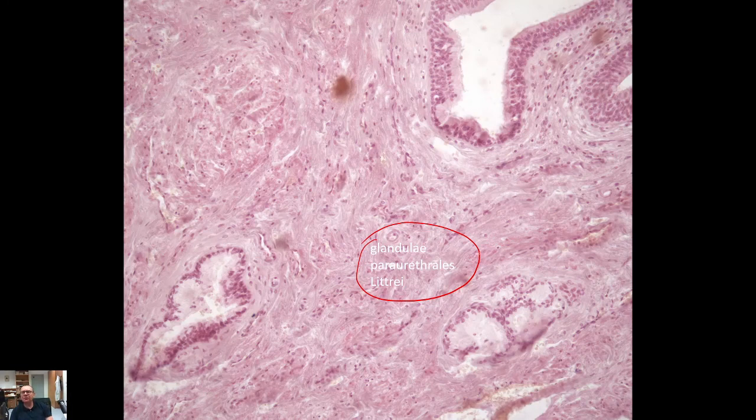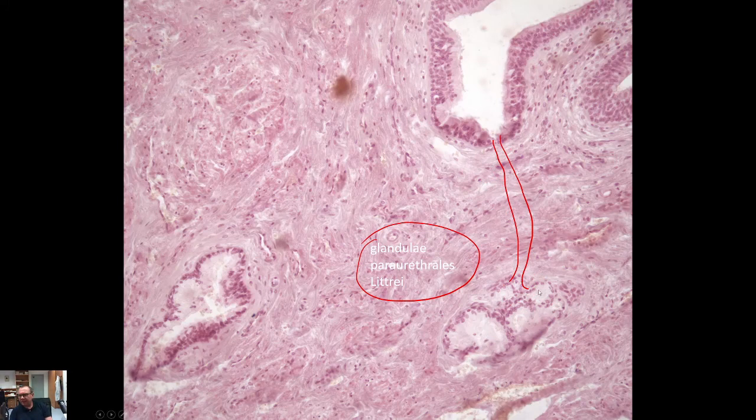On the other hand, paraurethral glands of Littre are normal glands having a secretory portion in the lamina propria and connected by a duct with the lumen of the urethra. Unfortunately, we don't see this duct here, but you can imagine that there must be a duct in another part of the section.